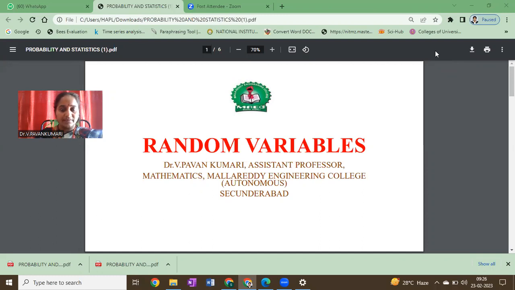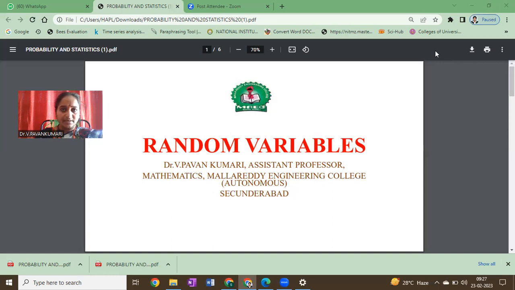For a discrete random variable we find the mean, variance, and standard deviation. The discrete mean is E of X equal to summation x into P of x. For a continuous random variable, denoted by f of x, the mean formula is E of X equal to integration from minus infinity to infinity of x into f of x dx.